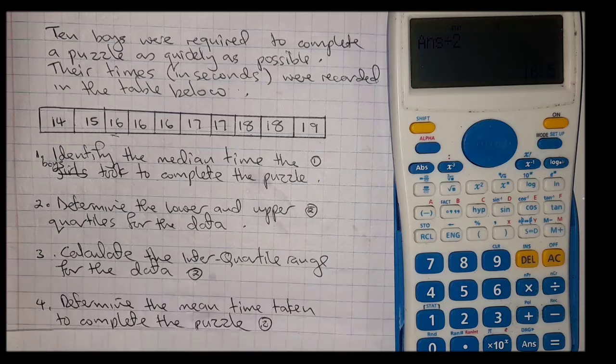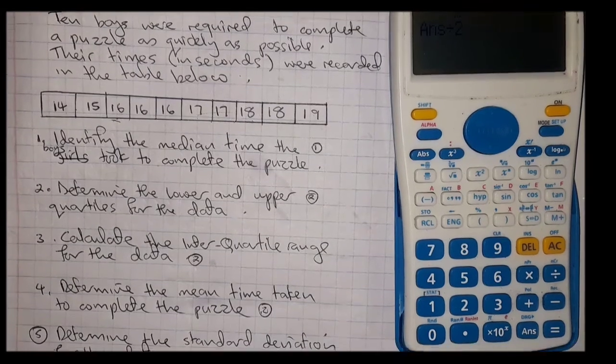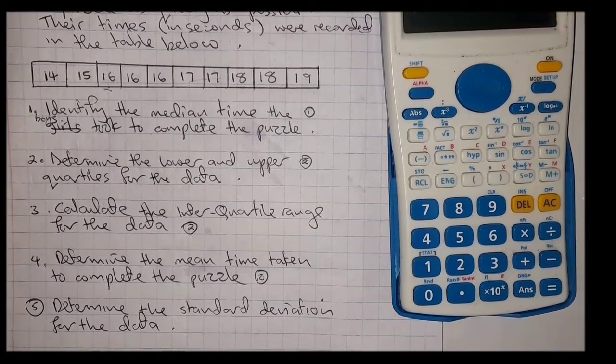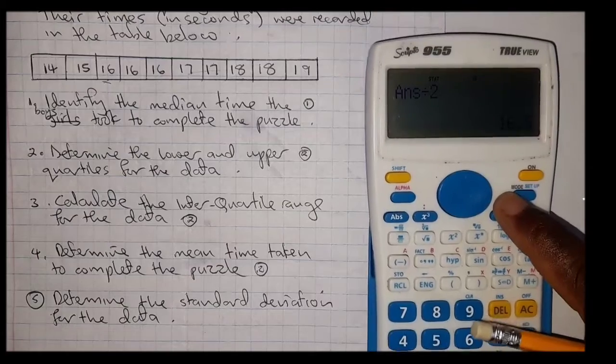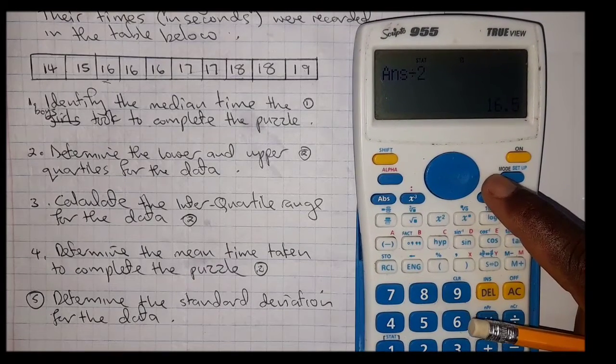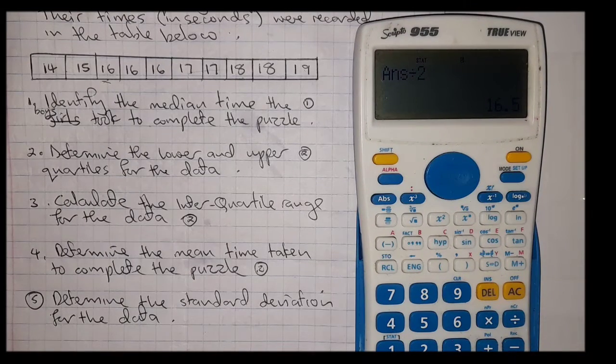I want to use the calculator. And after that, question number 5 is saying determine the standard deviation. These two questions, I want us to get them from the calculator. Let me show you how to do that.